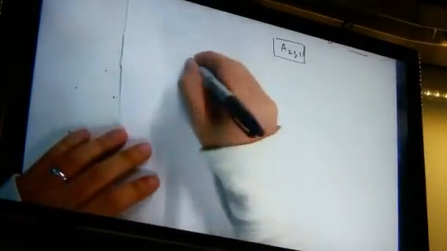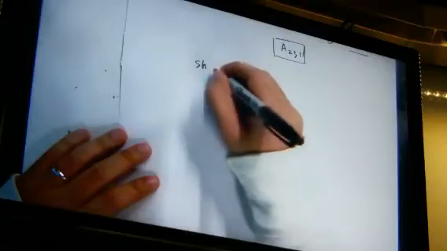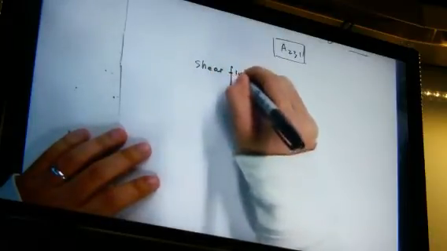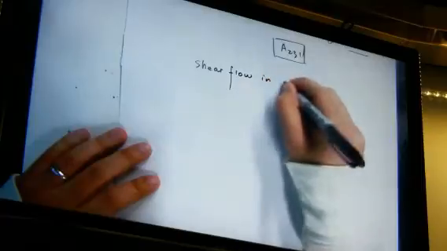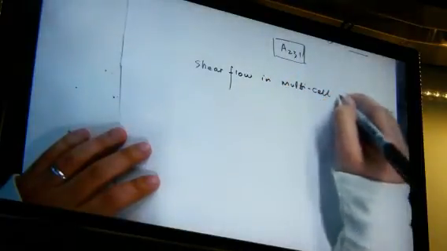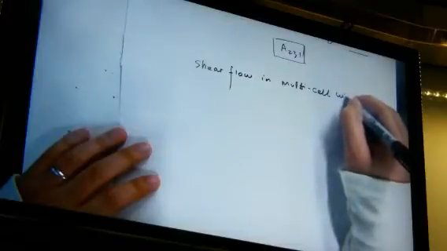And one more thing we learned is shear flow in multi-cell wing structure.